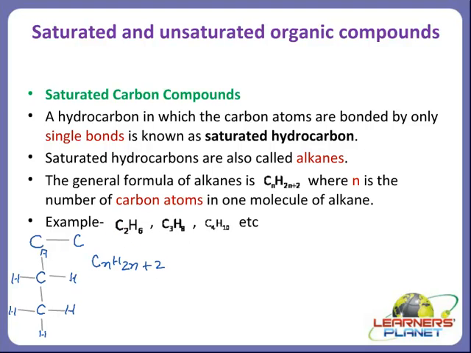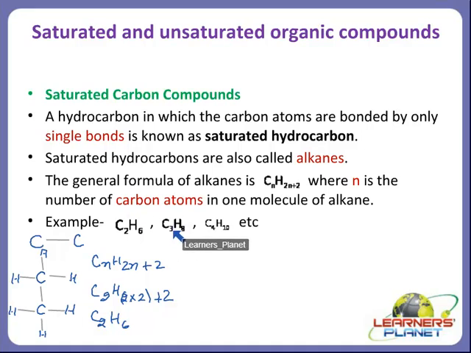Okay? So I'll write here C as 2. Now how many H would there be? 2 multiplied by 2 plus 2. So how many H are we getting? 6. So it is C2H6. This is your ethane.